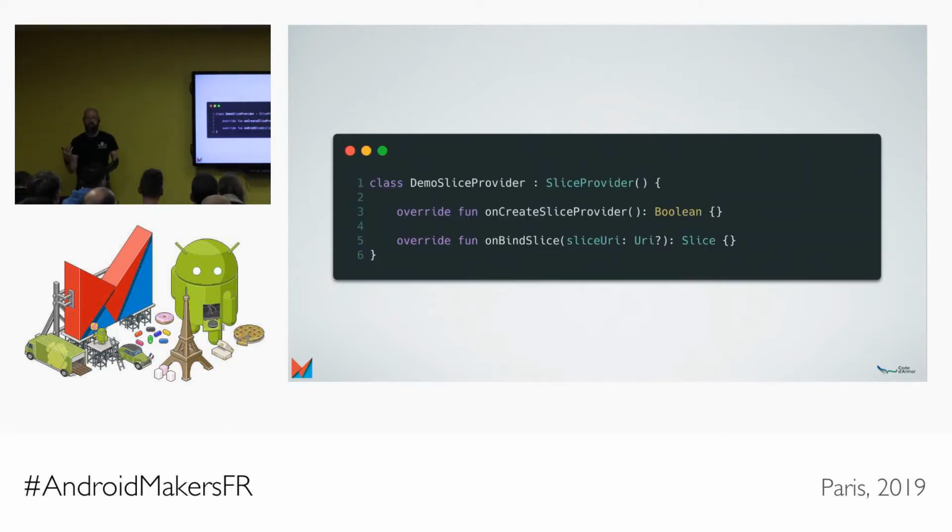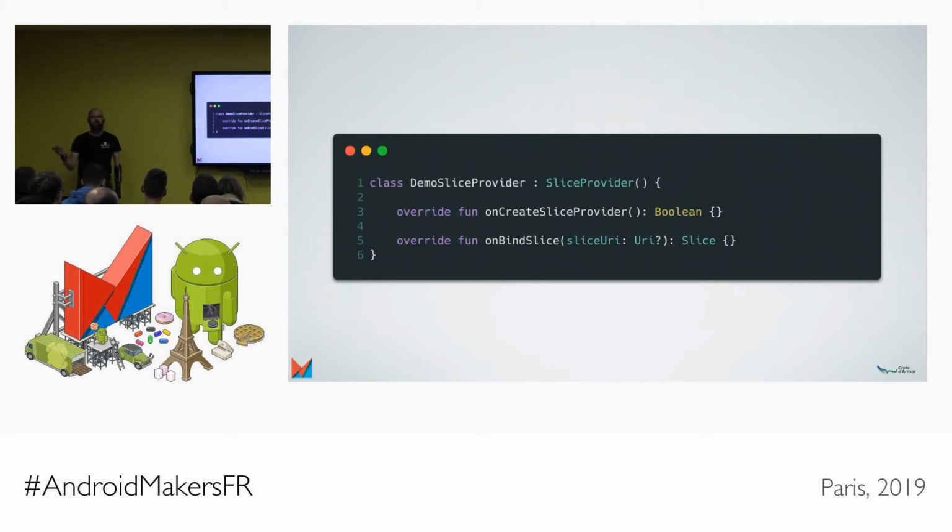Well, actually, a slice provider to be precise. If you look into the documentation, a slice provider is an instance of a content provider, which is a component which has been around the Android SDK since, I think, API 1.